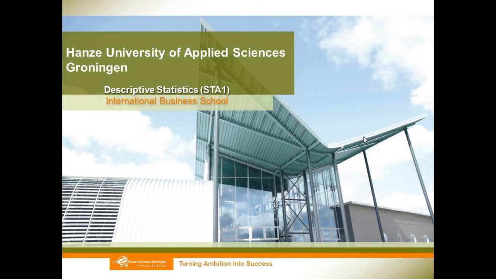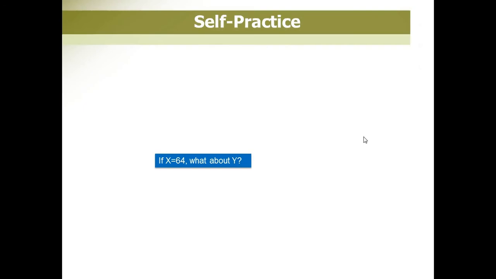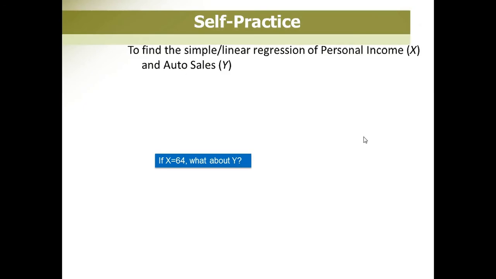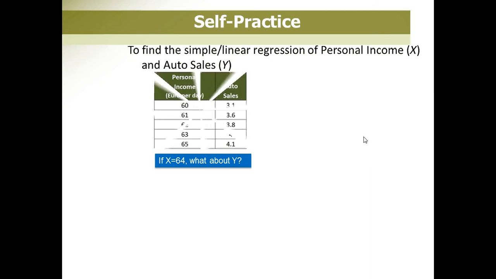Today we are going to do a self-practice about regression analysis. Let's look at this question. To find the simple linear regression of personal income and auto sales, we have collected data from 5 persons, and we calculate their personal income in euro per day.